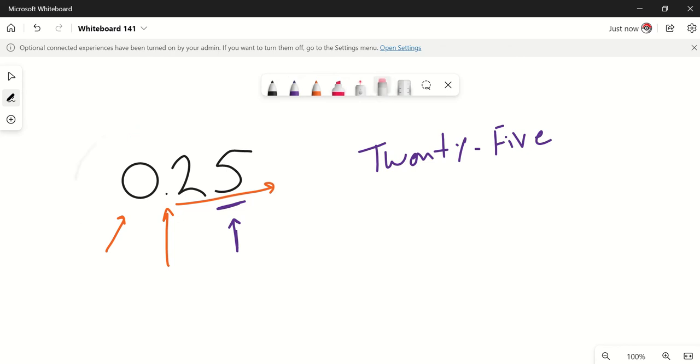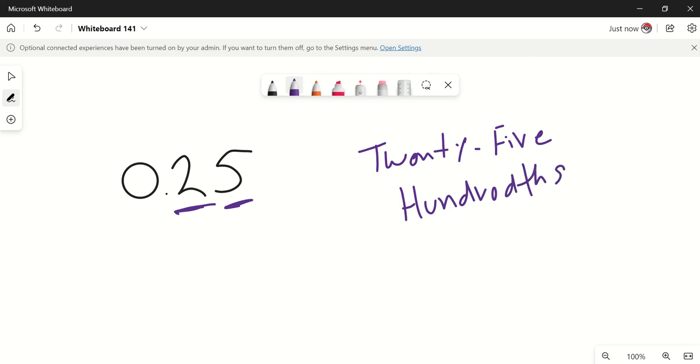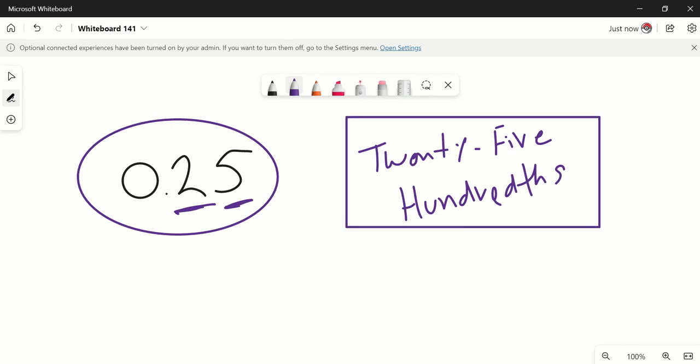In decimals, right after a decimal, we have tenths and then hundredths. So this would be 25 hundredths, with the "th" at the end. This is how you would say 0.25 in word form: 25 hundredths.